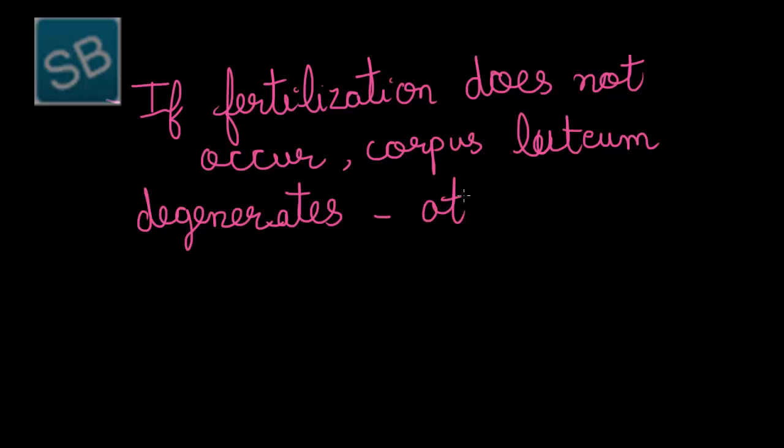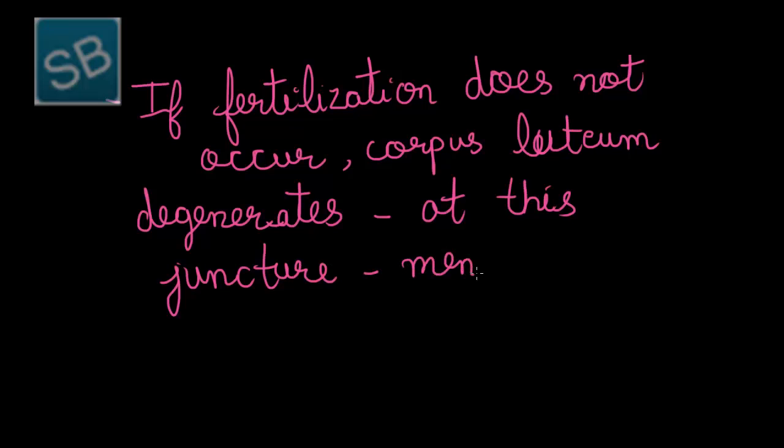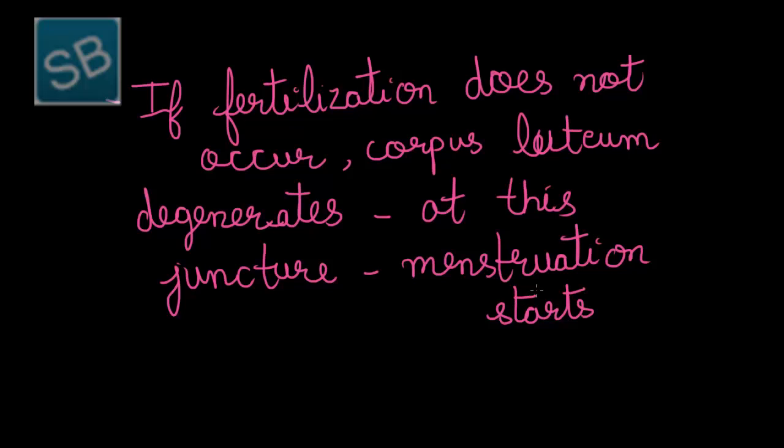At this juncture or at this stage, the menstruation starts. And gradually this phase continuously moves on in a cyclic method of 28 days. This entire cycle is known as menstrual cycle.